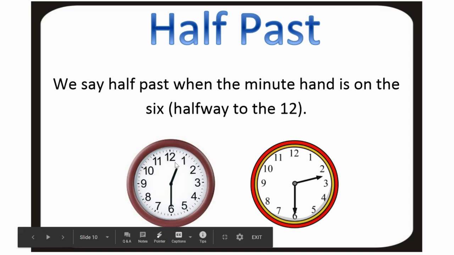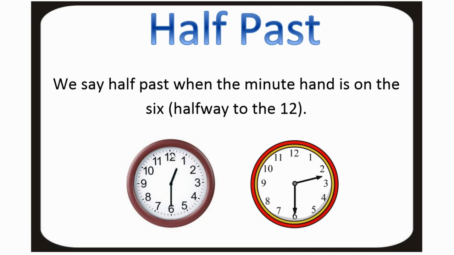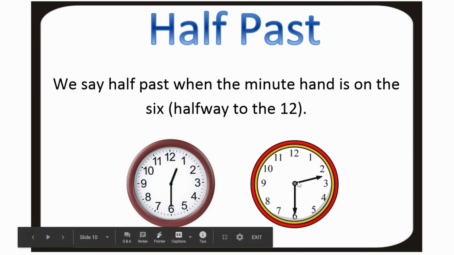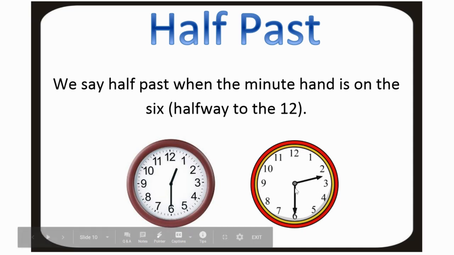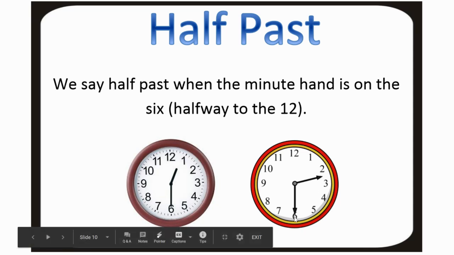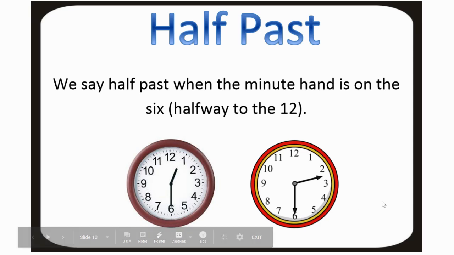And so in this case here, this clock says that it is 12:30 because the hour hand is past the 12 and not quite to the 1. On this clock, it says it's 2:30 because the hour hand is past the 2, but it hasn't reached the 3 yet. Okay, so anytime your minute hand is to the 6, your hour hand is going to be in between the hours, and we call that half past.